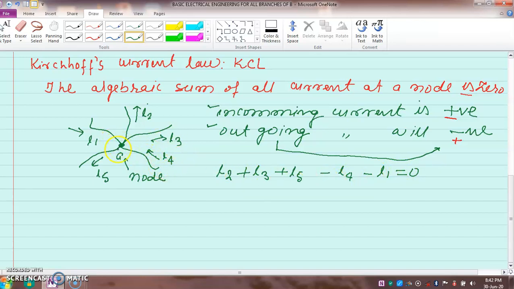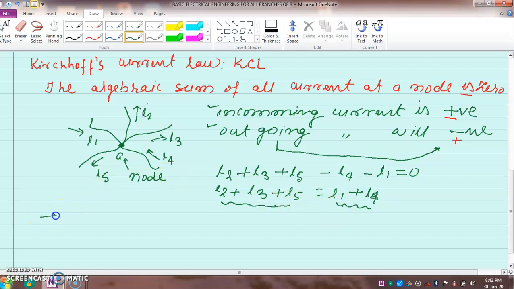In other words, you have studied in class 12 that I2 plus I3 plus I5 equals I1 plus I4. So this is the sum of outgoing current and this is the sum of incoming current. Means sum of incoming current is equal to sum of outgoing current.